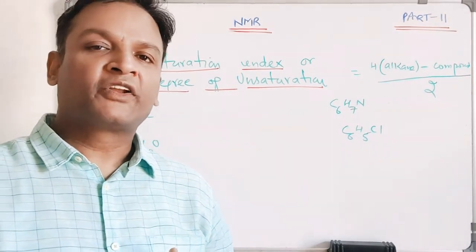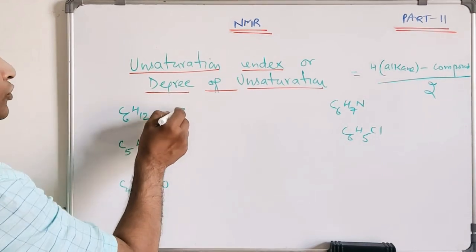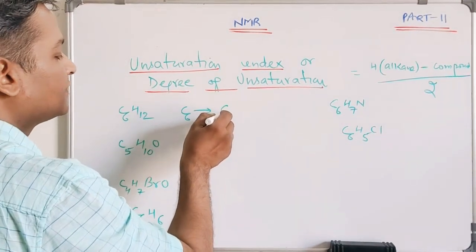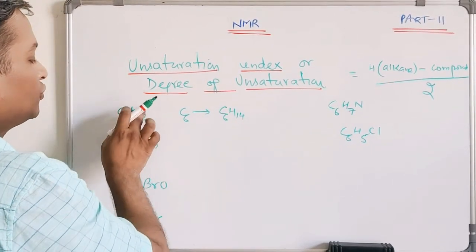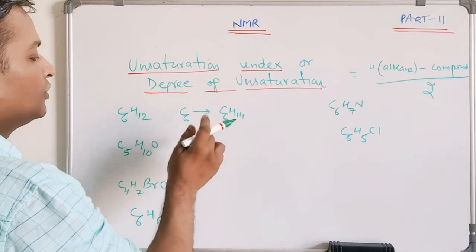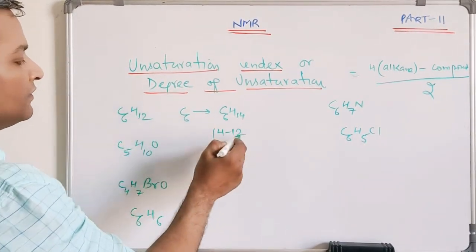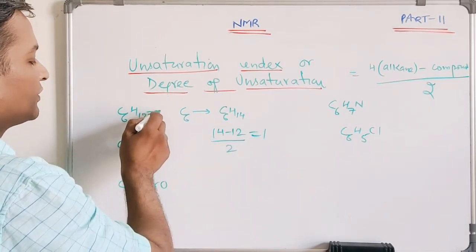There are more examples. Let's see here. C6H12. The corresponding alkane for C6 is C6H14. There is no oxygen, no nitrogen, no halogen. So 14 minus 12 divided by 2 is equal to 1. So the unsaturation index of this is equal to 1.